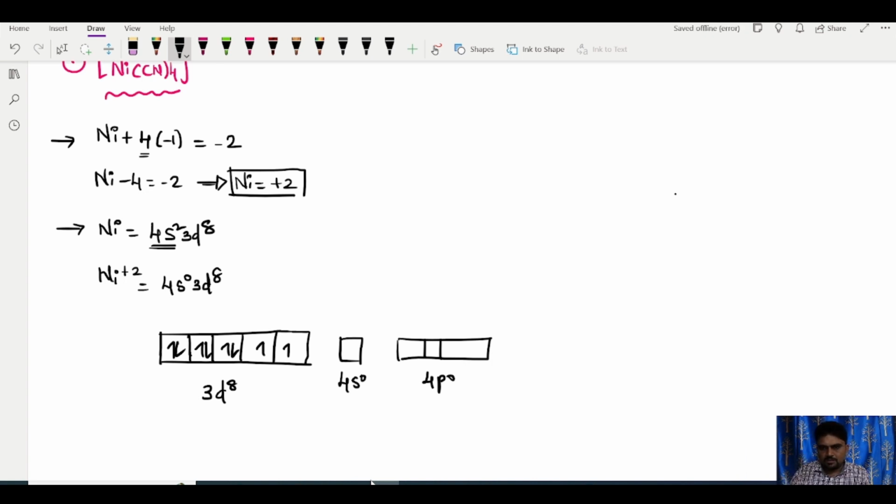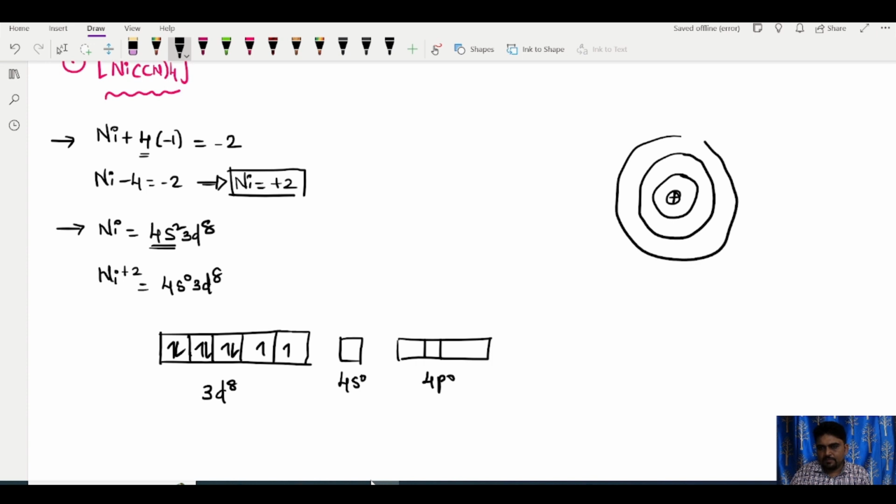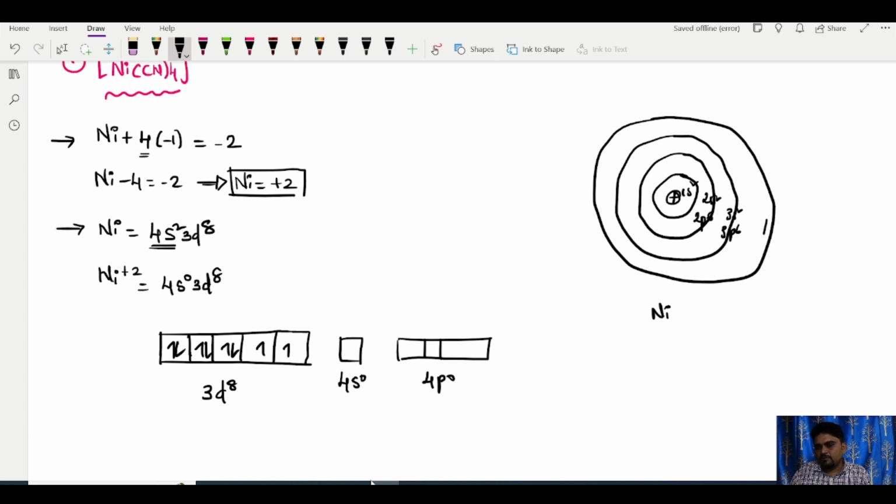See, in an atom, this is the first shell, this is the second shell, the third shell, and the fourth shell. For nickel, the electronic configuration is 1s2 2s2 2p6 3s2 3p6 4s2 and 3d8.